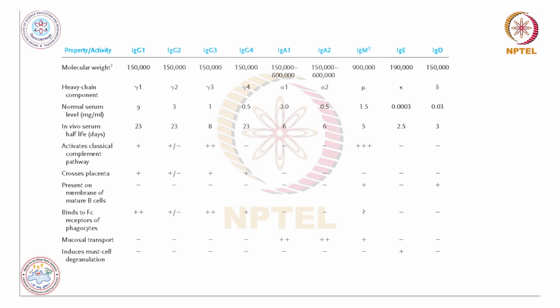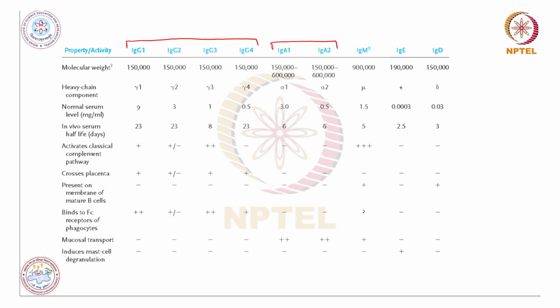So this is a comparison table of all five types of antibodies along with their subclasses. Like this, IgG is divided into four subclasses, and IgA is divided into two subclasses. Other three are single classes.